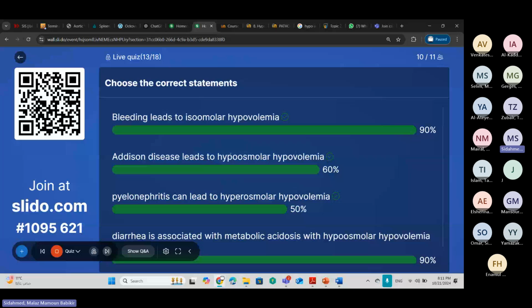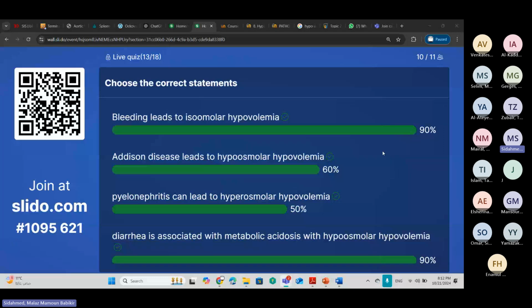But for now, I wrote isosmolar hypovolemia, and it is correct because blood is isosmolar, and you're losing blood. Addison's disease leads to hypoosmolar hypovolemia is correct because Addison's disease basically is adrenal insufficiency.